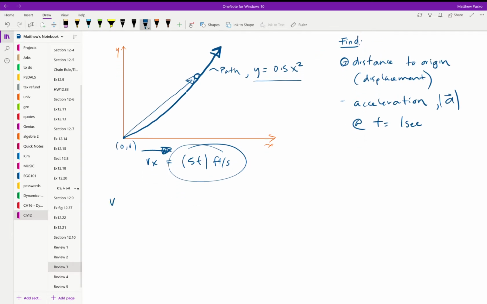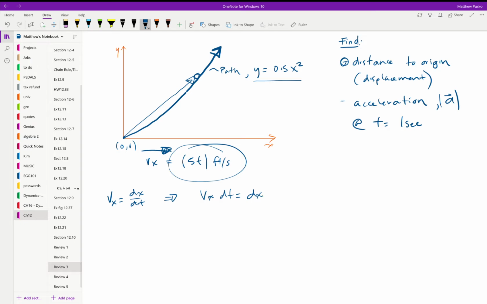If we start with the velocity definition, it's equal to, in this case, dx dt. Go ahead and drop the vector sign on that. And we can separate variables. The velocity in the x direction dt is equal to dx.